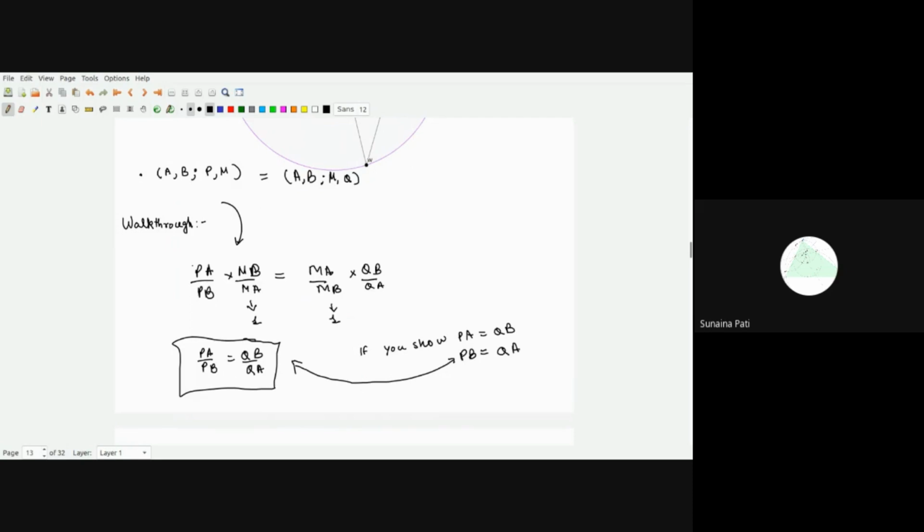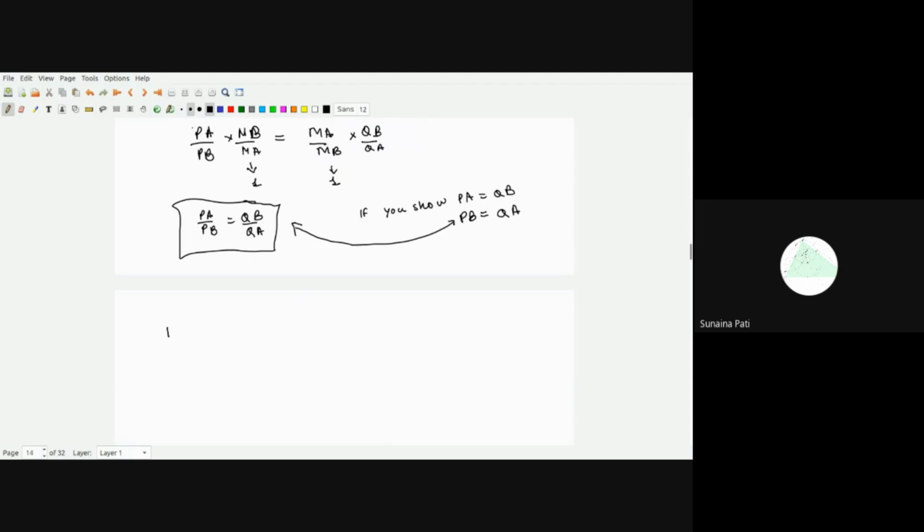Take projection from X and Y. We can add 1 to both sides. Exactly. Now when we add 1 to both sides, PA by PB plus 1, I'll take 1 as PB by PB, and then I'll take 1 on the other side as QA by QA.